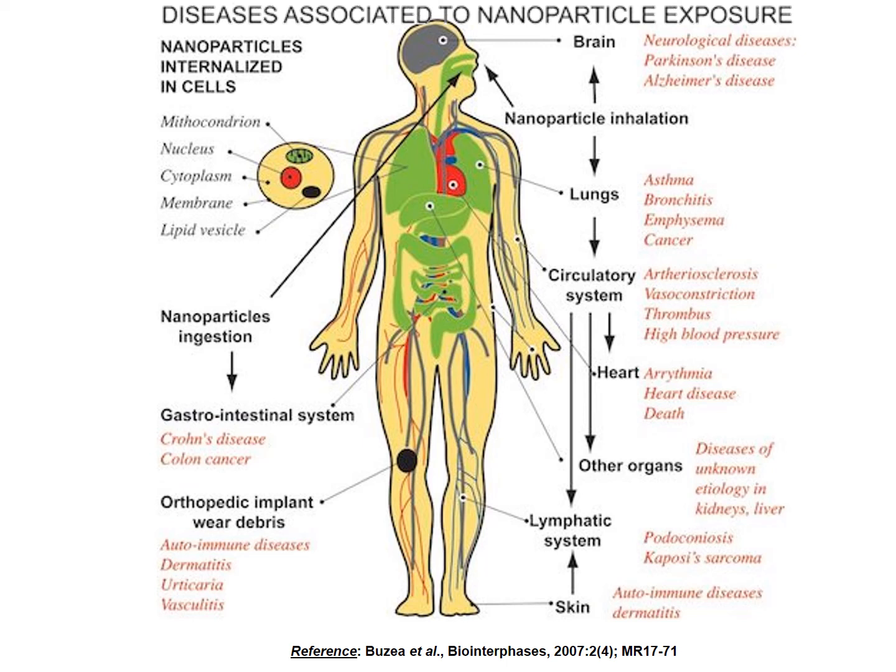Do they go to the mitochondria? Do they concentrate in the cytoplasm, or do they get just stuck on the membranes? Once they are found inside the cells, then they can be distributed in various parts of the body. For example, the gastrointestinal system, then the skeleton, brain, and maybe they're going to cause all kinds of diseases there, lungs, circulation, heart, skin, and other organs.